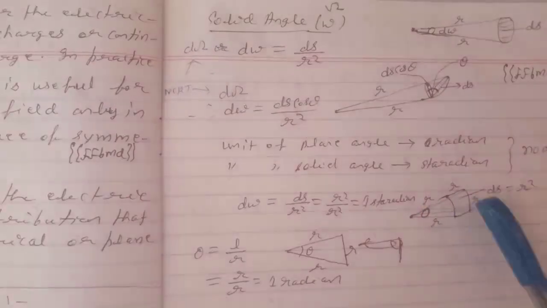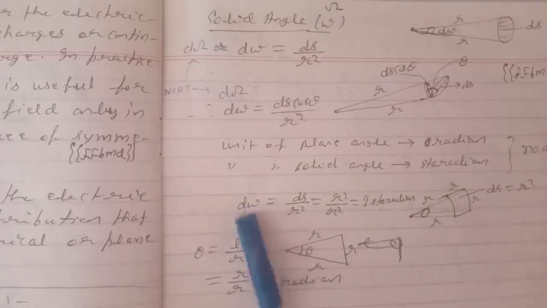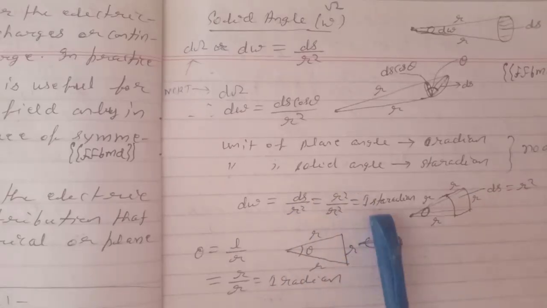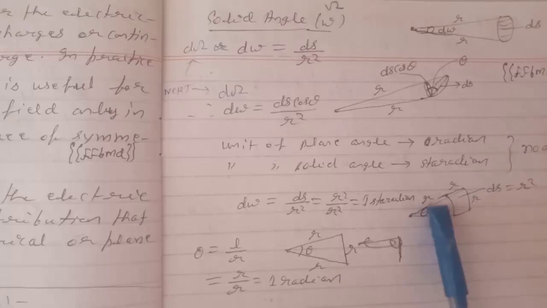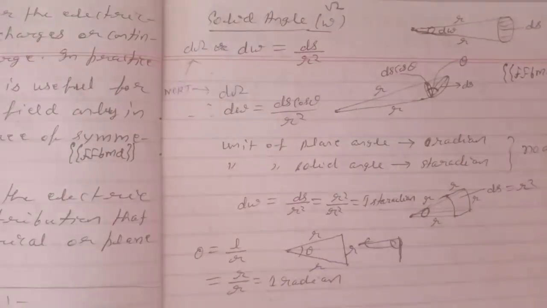So the area of this surface will be r square. From the definition, d omega equals ds by r square, or r square by r square, and this solid angle made by this area is called 1 steradian.